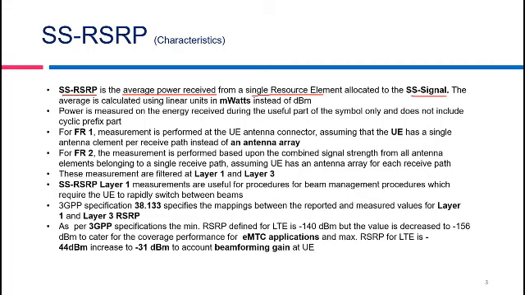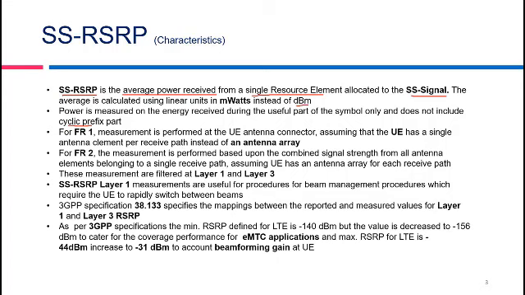And this averaging is done by calculating the linear power in milliwatts instead of averaging in dBm. This power is measured on the energy received during the useful part of symbols, and it does not include the cyclic prefix, which is an overhead of the symbol.